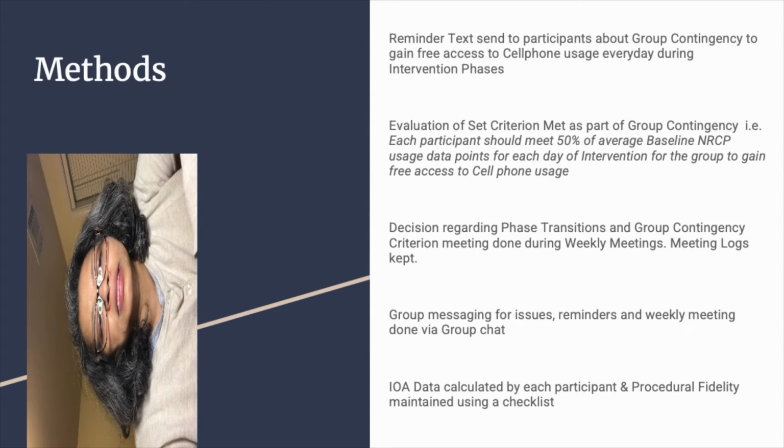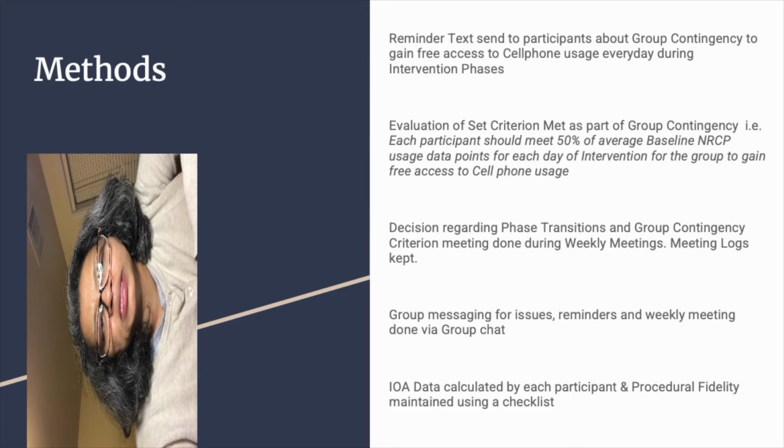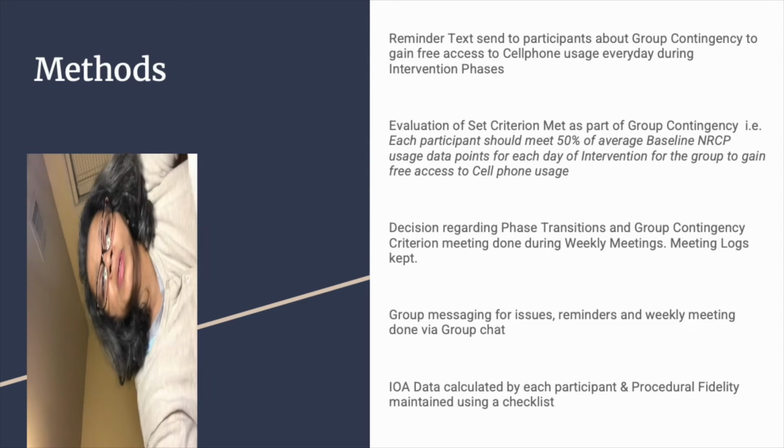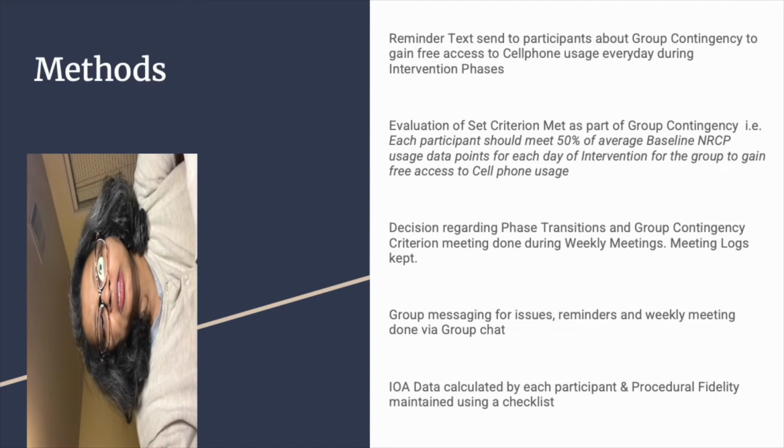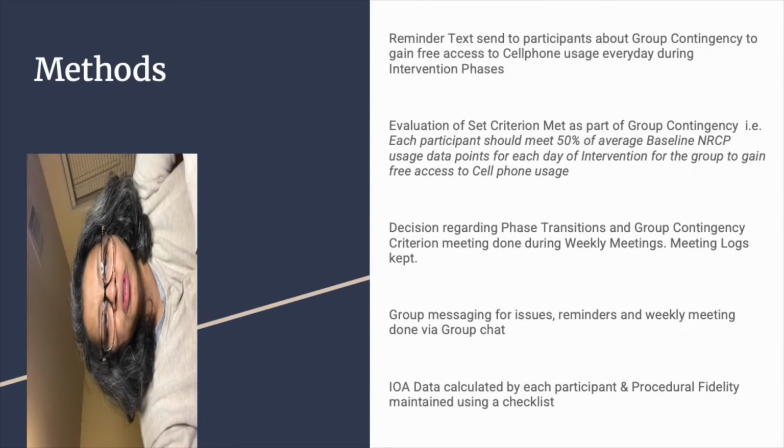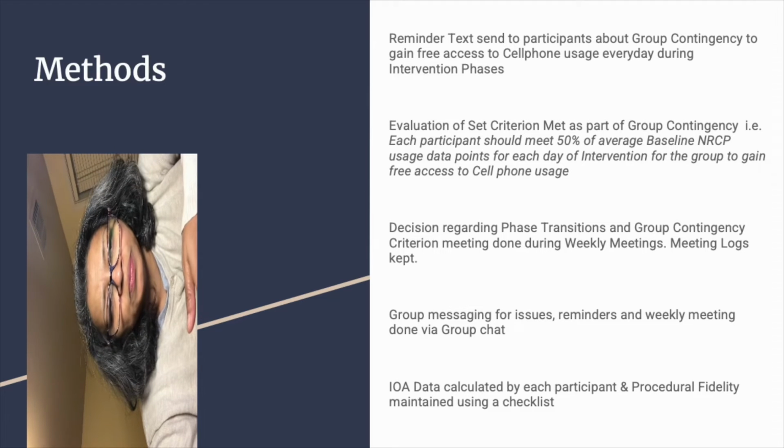The next thing was that text reminders were sent to each participant about the group contingency to gain free access to cell phone usage every day during the intervention phase.